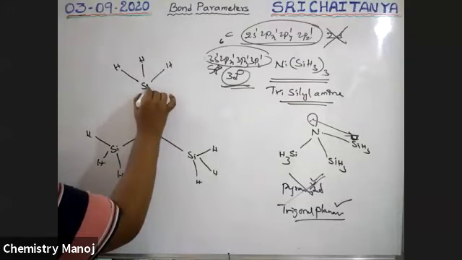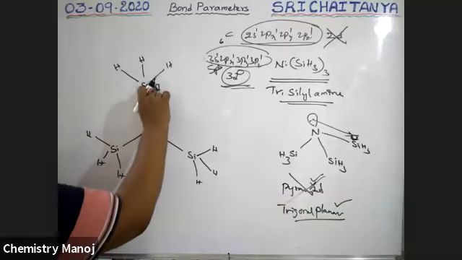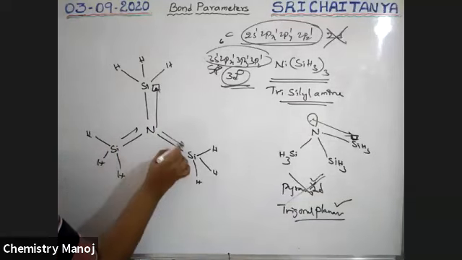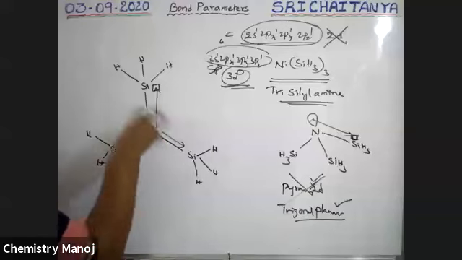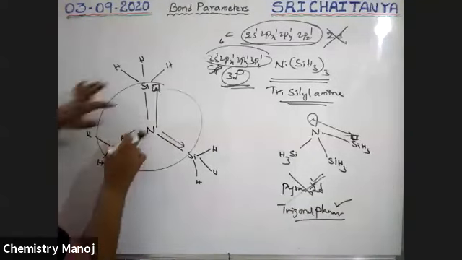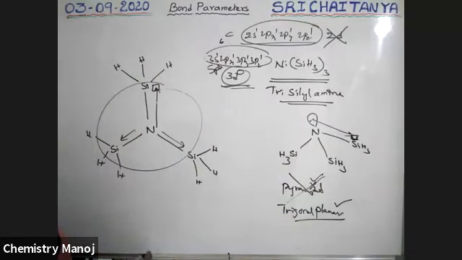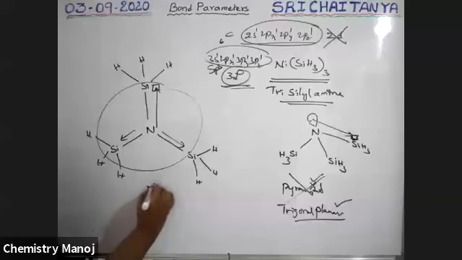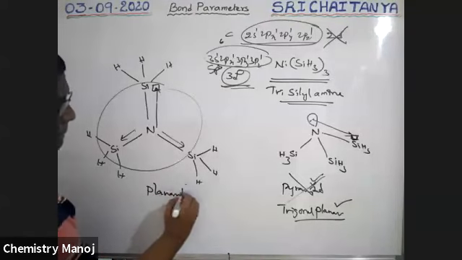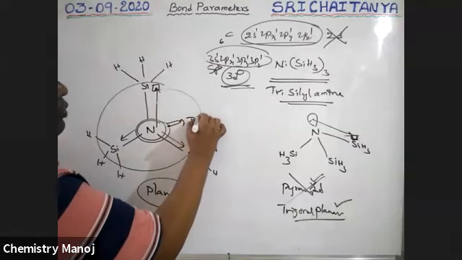So this is the empty orbital, and the lone pair is donated. Because of this, sometimes to this one, sometimes to this one, sometimes to this one, resonance structures are possible: first structure, second structure, third structure. Because of this, planarity is available. That is why at nitrogen the structure is trigonal planar.